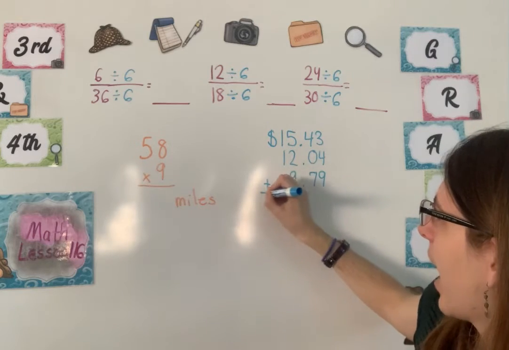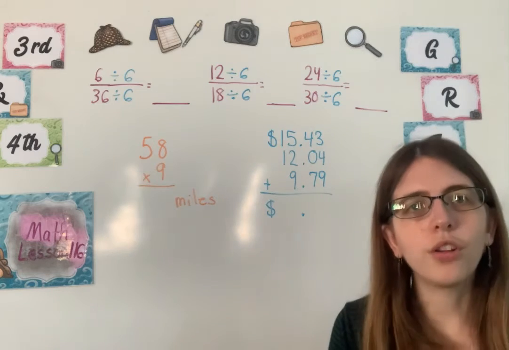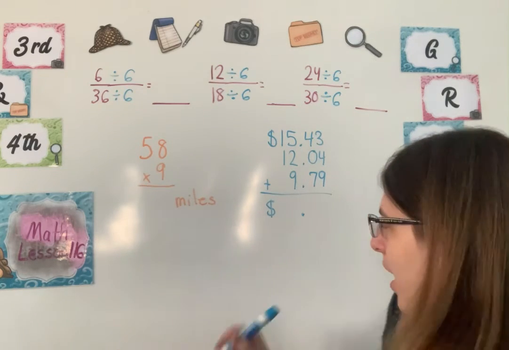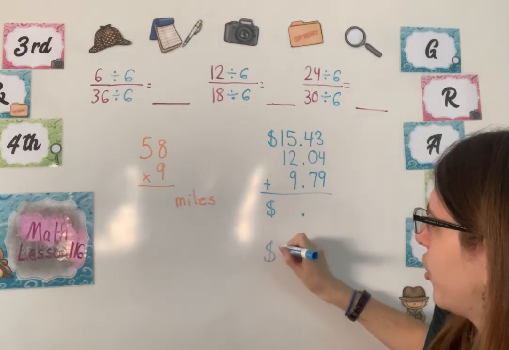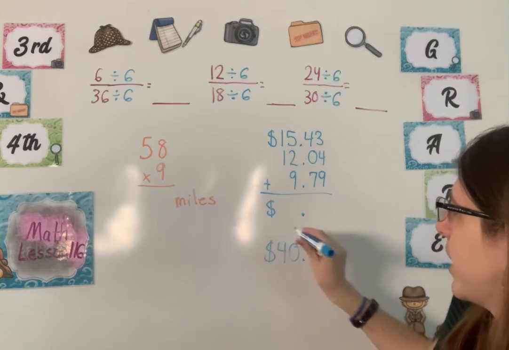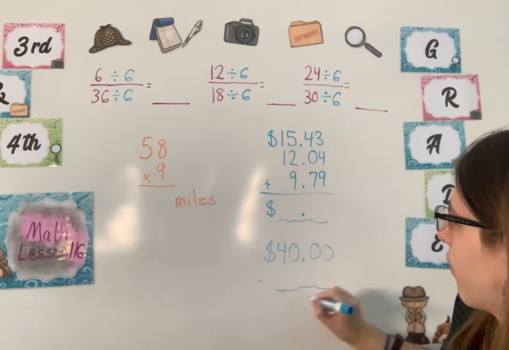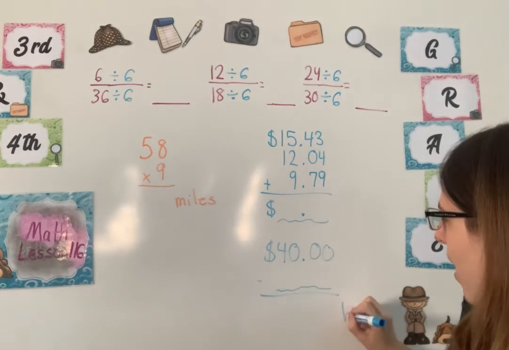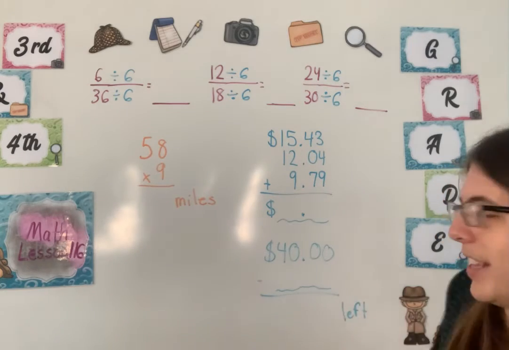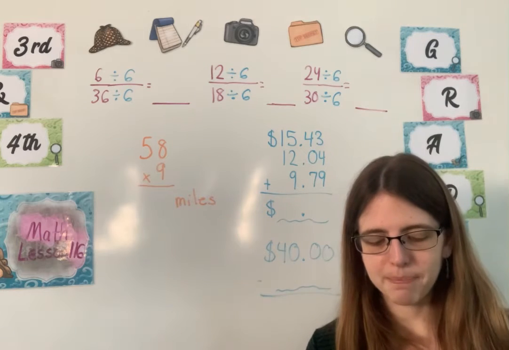I'm going to add that all up to find the total that she spent. To find her cambio, I know that she had $40. So I'm going to take this total and subtract it from $40 to find out how much she has left. Okay? So you'll do that in workspace B.